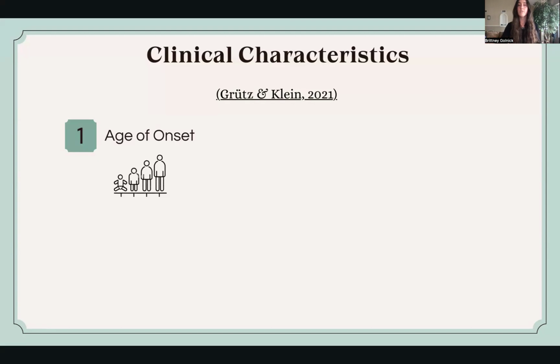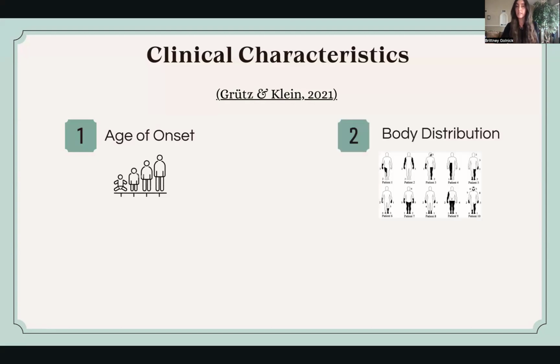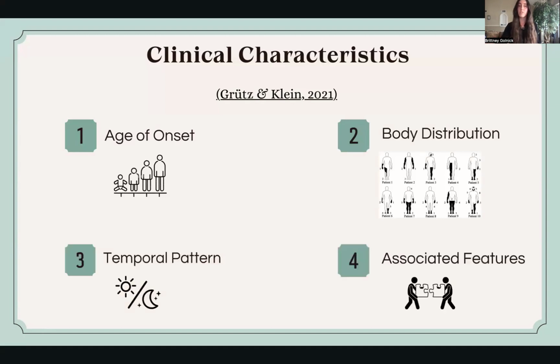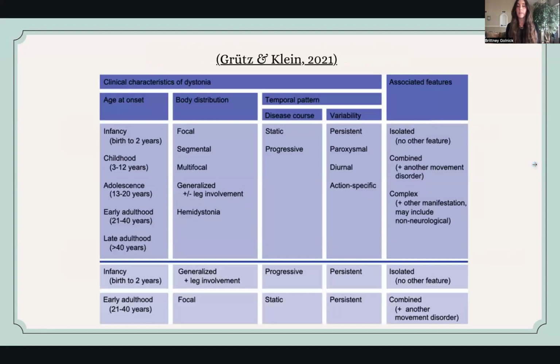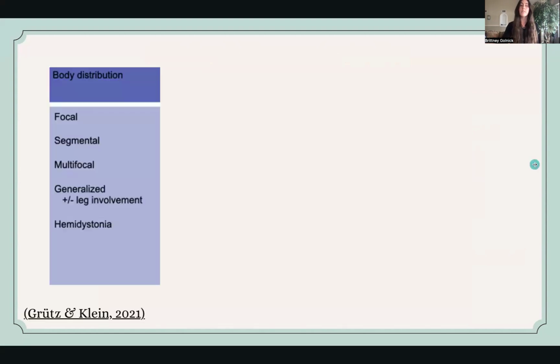The clinical characteristics for axis 1 are the age of onset, the body distribution, temporal pattern, and associated features. This is a figure that they had in their article, and it shows you all of the different parts.